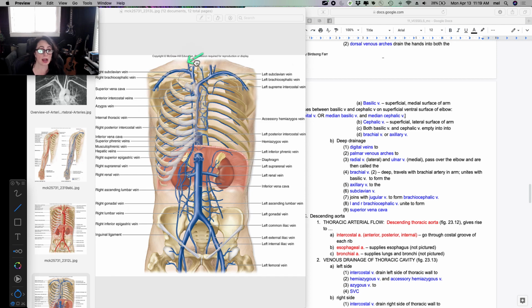But then after I gather everything, so listen to this because this is important. After I gather everything from the arm and from the outside of the head and the inside of the head, so the external jugular vein and the internal jugular vein, then I am the brachiocephalic vein because I gathered everything from the brachio and everything from the cephalic.